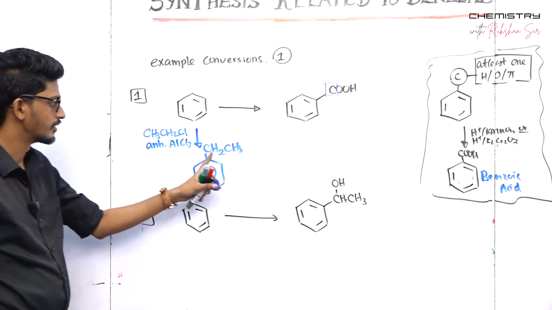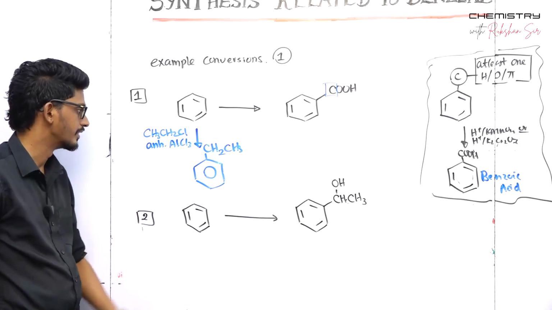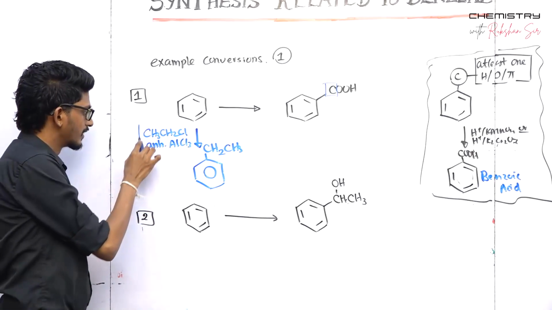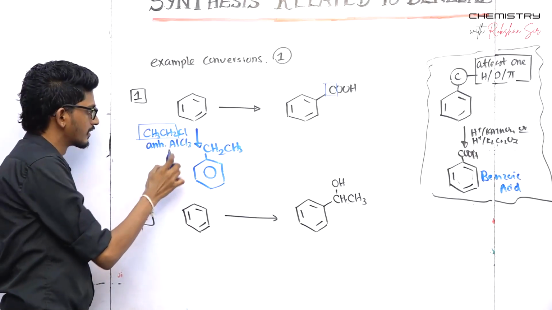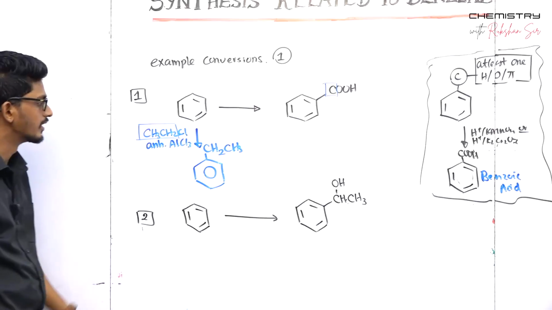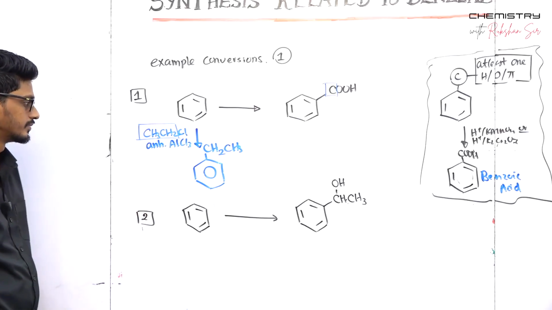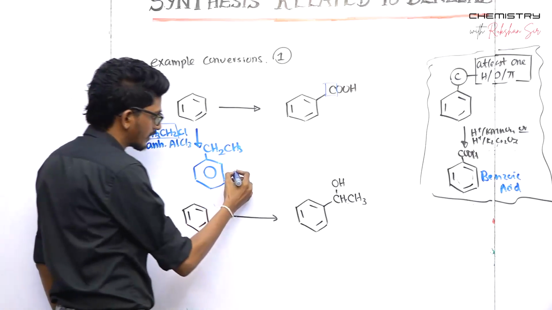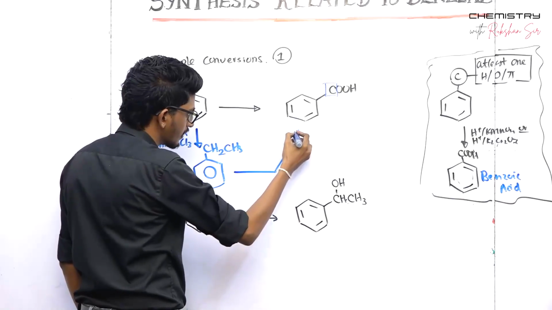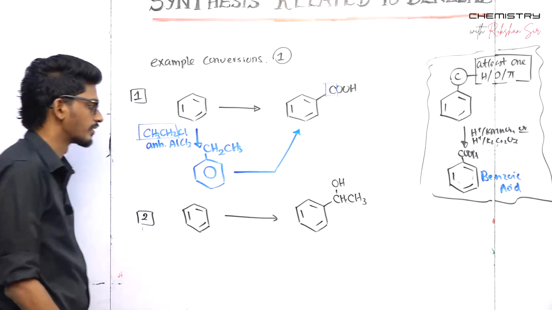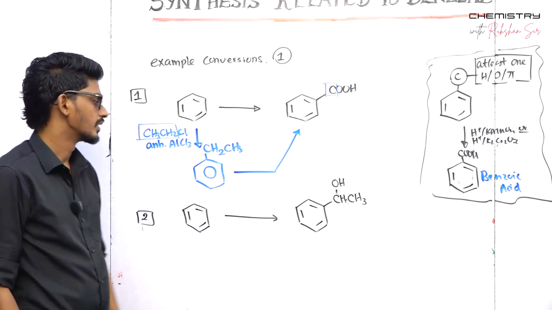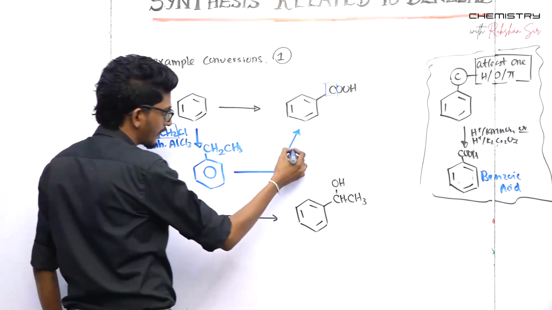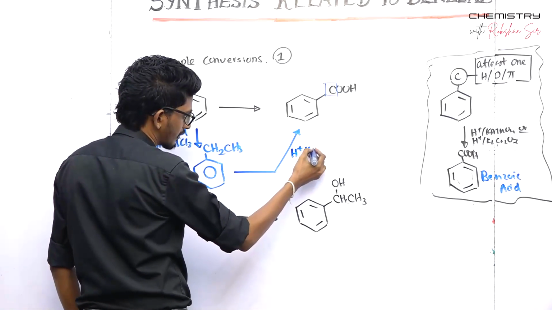If you add some CH3CH2Cl with the anhydrous AlCl3, this section will connect, leaving the Cl, with this carbon. After that, you can do this conversion by just supplying H plus KMnO4 there.